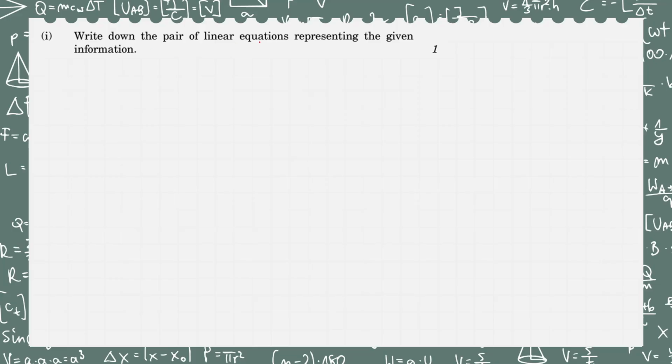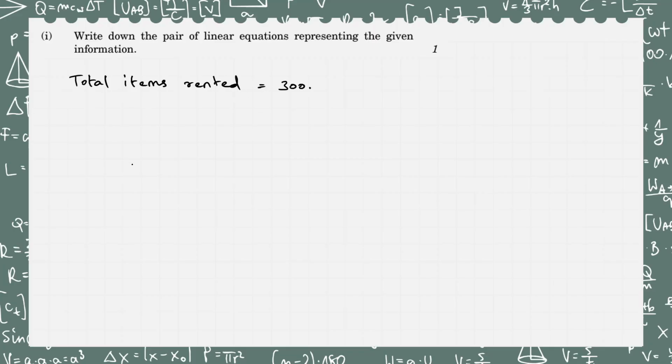Okay, so we have to write a pair of linear equations, right? One, we can use the information they have given on the total items rented, okay? And another equation we can write based on the rent they are going to pay, okay? So for example, total items rented equal to 300.